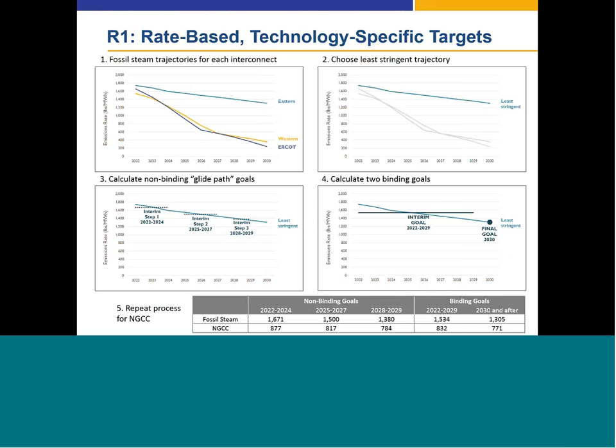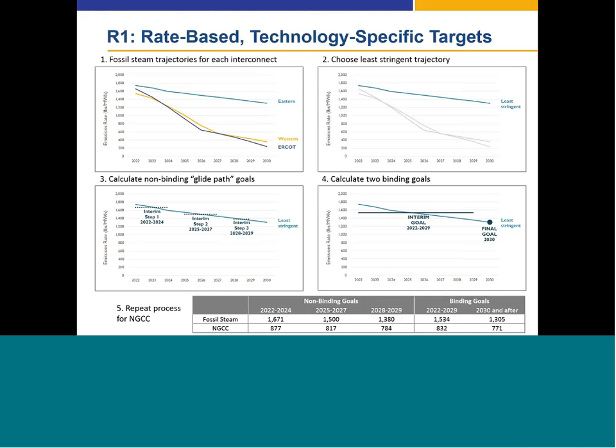We're just going to look here on this slide at fossil steam, how the fossil steam targets are developed. The NGCC targets are exactly analogous, completely parallel. So for the fossil steam, based on the building block calculations, the ingredients that we have are for the 3 different interconnects, Eastern, Western, and ERCOT, which is mostly Texas.